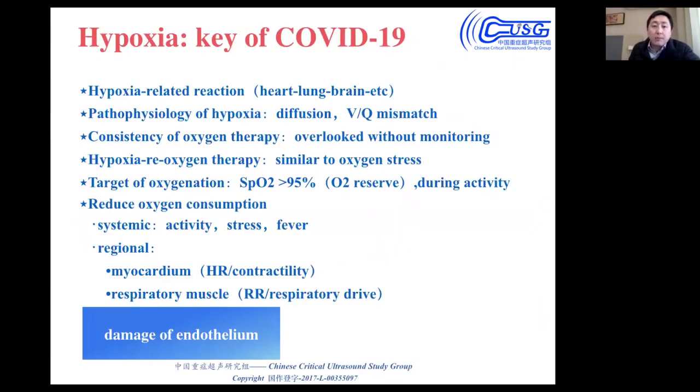So hypoxia is a key result of early stage COVID-19, because of damage to the alveoli, and the patient cannot get enough oxygen. So there is acute severe respiratory failure.